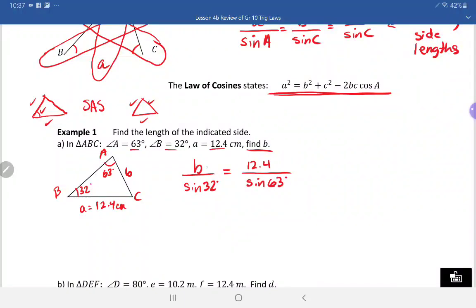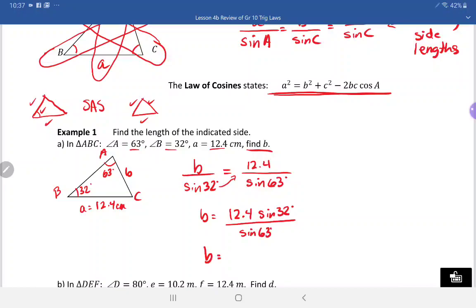From here, if you want the b by itself, we simply need to take the sine 32 up to the other side. So right now this is being divided by sine 32, bring it over to the other side and multiply. So 12.4 times sine 32 divided by sine 63.